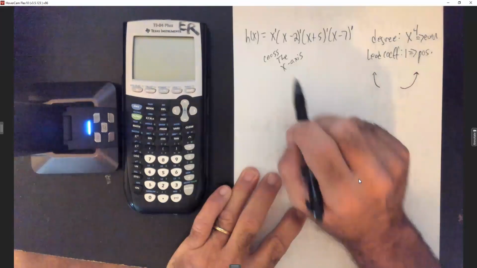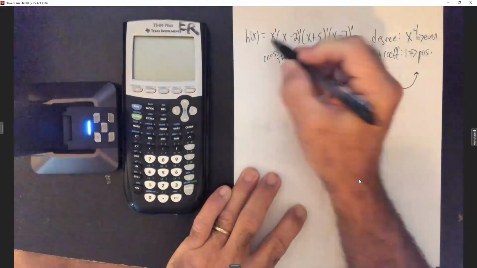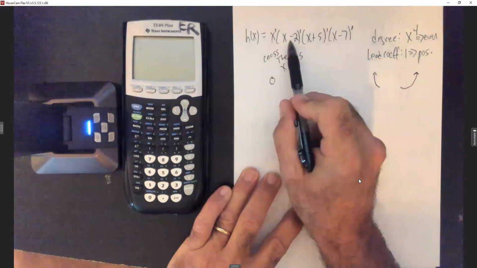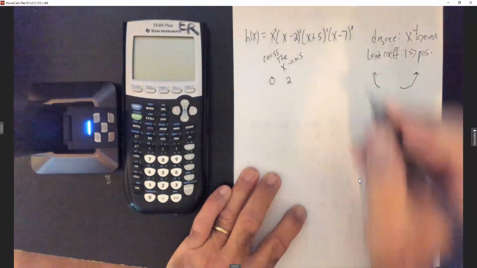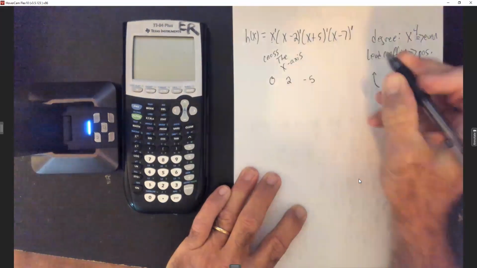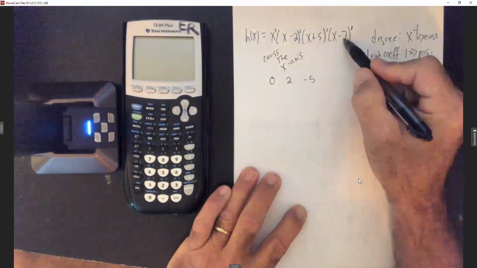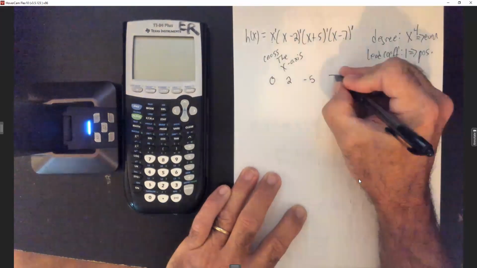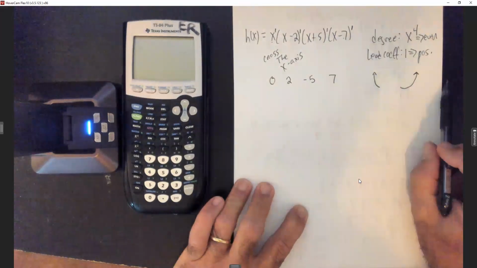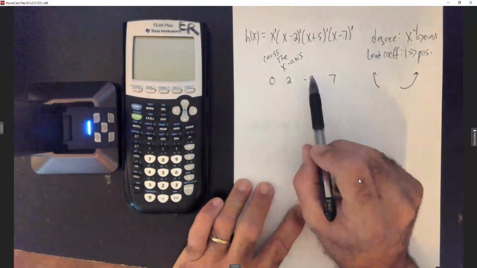It's going to cross at this one, which is 0, remember. And this is x minus 2, so it's going to cross at 2. This was x plus 5, so its zero would be negative 5. And then this is x minus 7, so its zero would be 7. So you need a graph that's uphill on both ends, and it crosses the x-axis at 0, 2, negative 5, and 7. So let's go back to them 4 pictures.